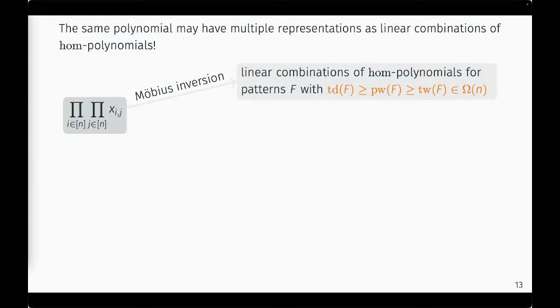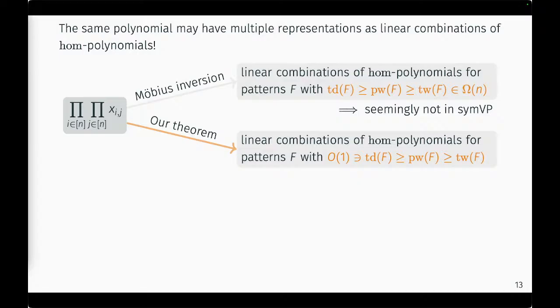But what you observe is that this linear combination of homomorphism polynomials contains the complete bipartite graph as a pattern. And the complete bipartite graph has tree width n, hence path width n, hence tree depth n. So it has patterns that are very complicated. So seemingly, this polynomial is not in symVP. I mean, it's tractable, but it fits into the gray box. So this is the issue.